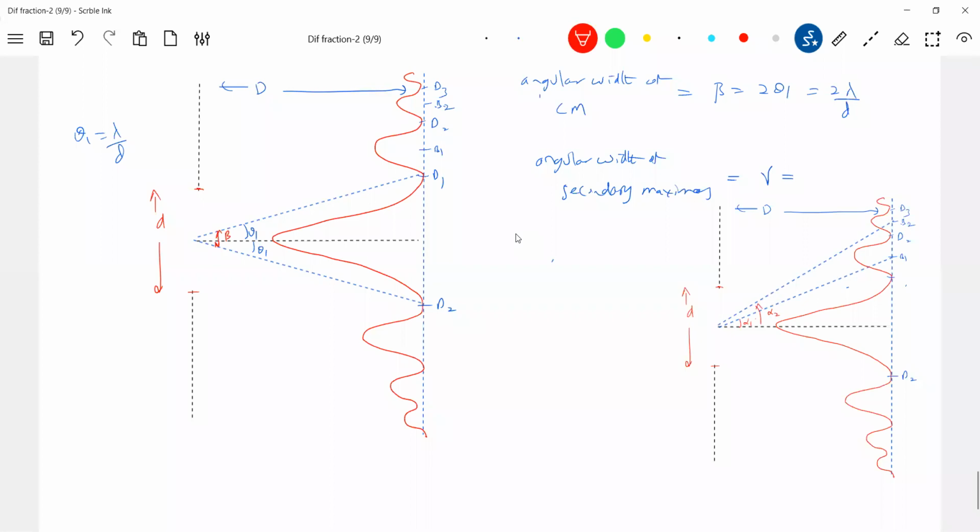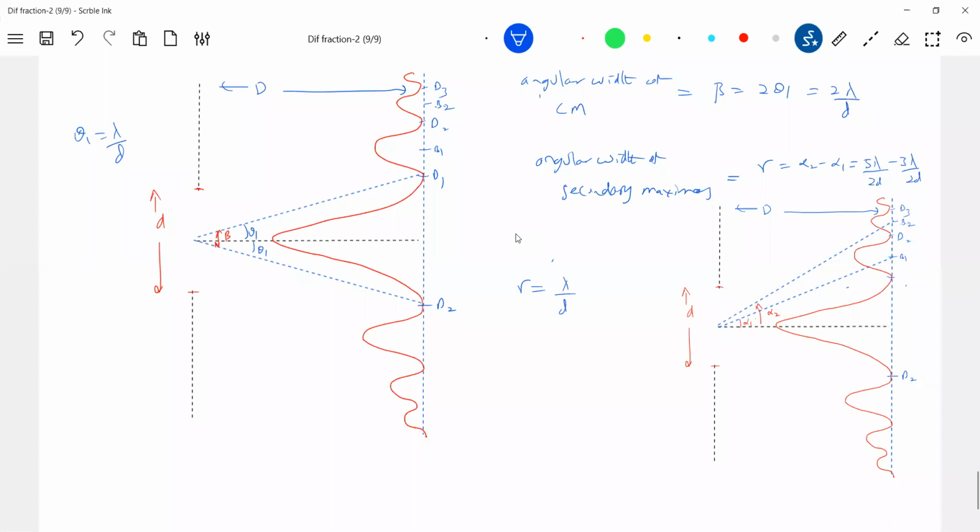Shall we take the difference, alpha 2 minus alpha 1? We'll get the required answer. Alpha 1 is how much? Alpha 2 is 5 lambda by 2d, alpha 1 is 3 lambda by 2d. And how much finally? Gamma will end up as lambda by d.